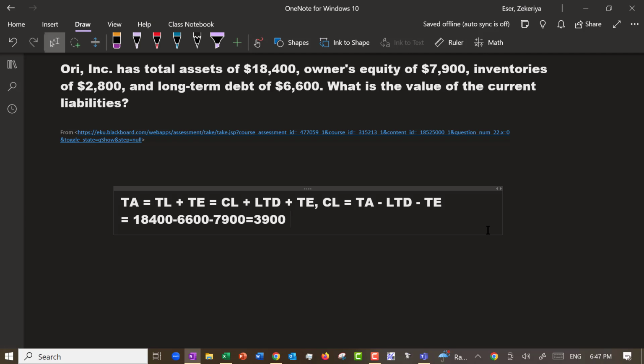Since I know nothing about current assets or net working capital, that's probably not a good source for solution. We go back to our balance sheet identity. Total assets equals the expanded version, current liabilities plus long-term debt plus total equity. I happen to know all of them except current liability. Just solve for it. Done.